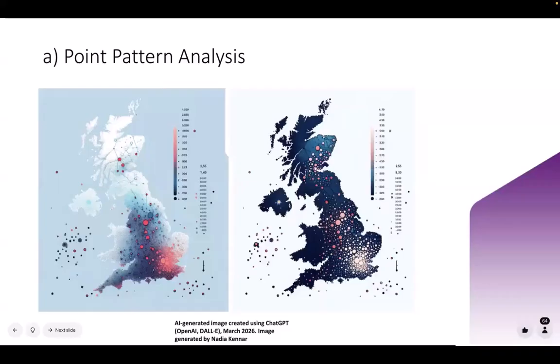And just by visually plotting these, we can get a very intuitive sense of anything before we even apply formal statistics. Your point pattern analysis is more or less your descriptive statistics that you would run in any form of secondary data analysis.